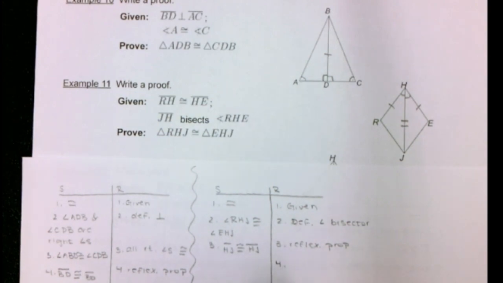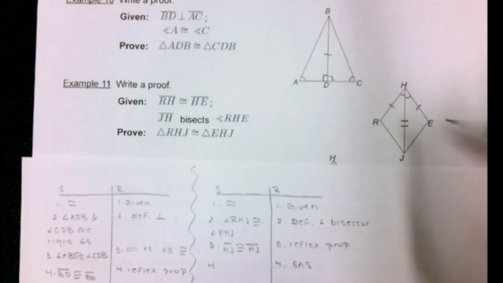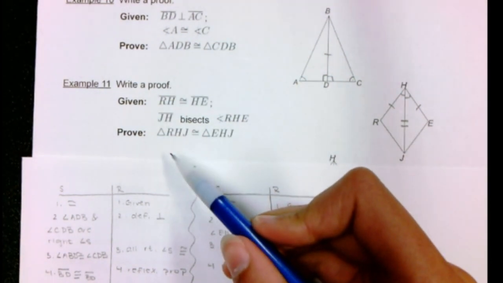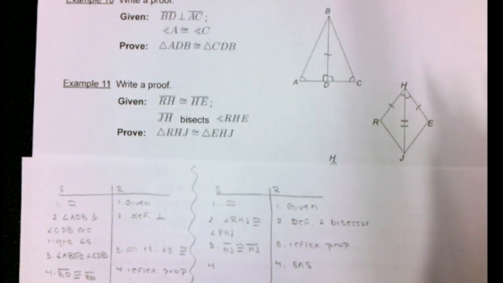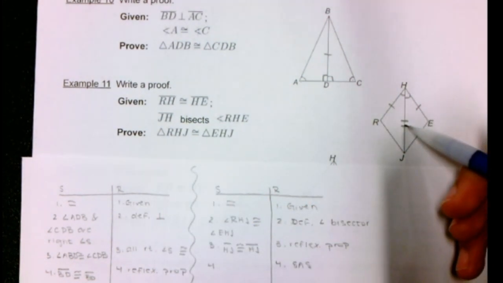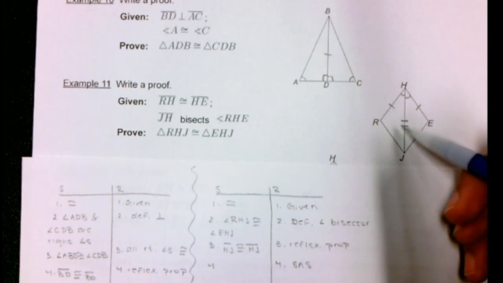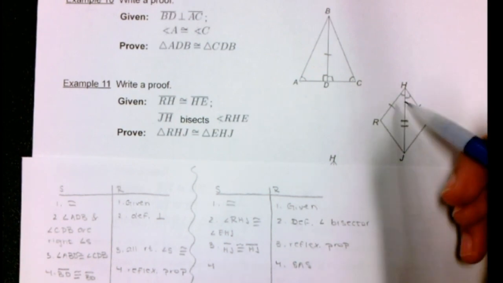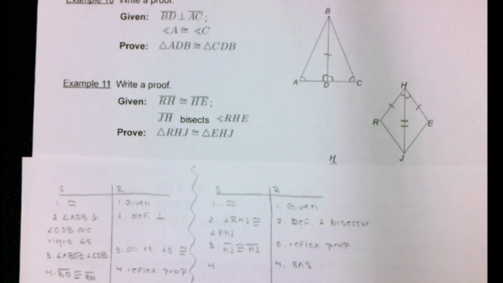And then, using the SAS congruence theorem, we can show that these two triangles are congruent because we know that two sides of the triangle are congruent and one pair of angles are congruent.